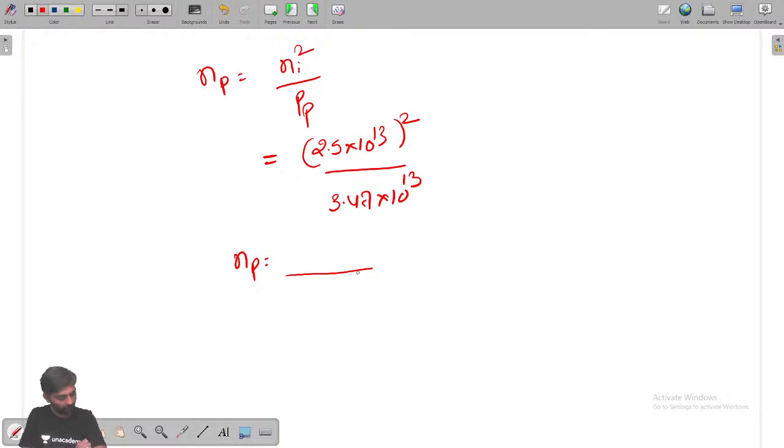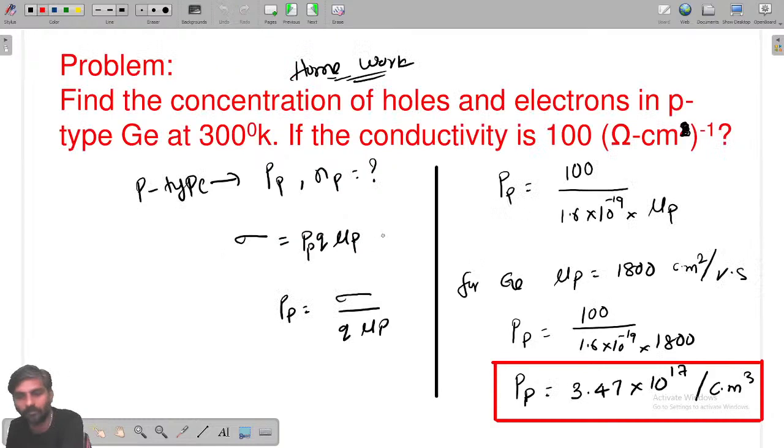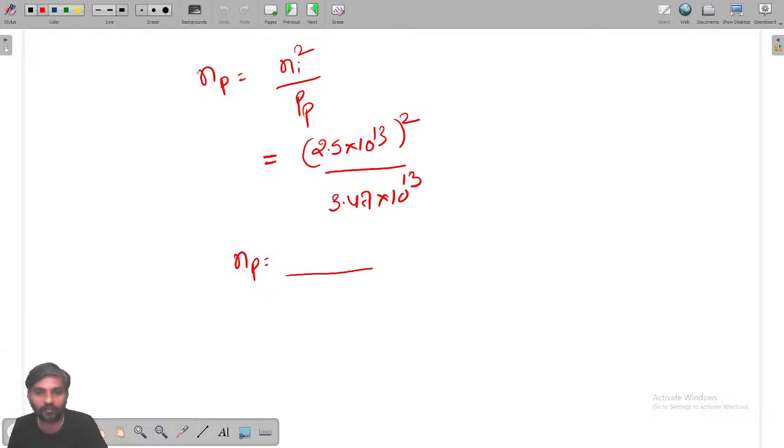NP value. Krishnaveni and Tejaswini, you are correct, 3.47 into 10 to the power of 17, I have written wrongly here.